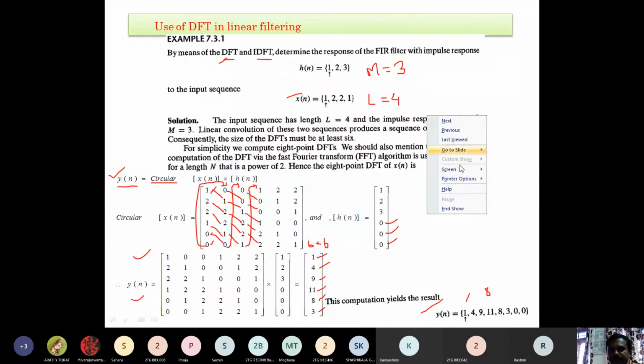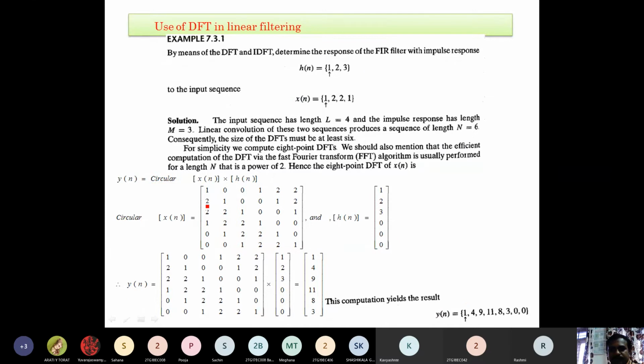When you start practicing, you come to know how to create this x of n matrix of size N cross N. Most people get confused here: how to move this circular shift, whether I need to move from bottom to top or top to bottom? That will be the confusion.